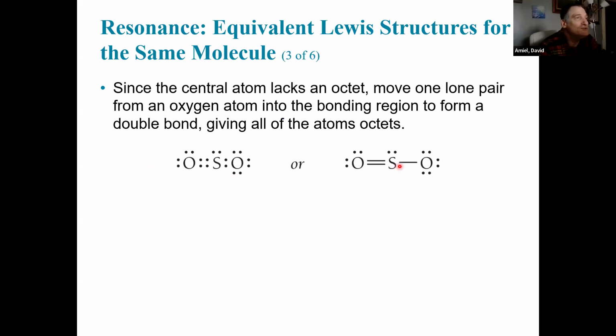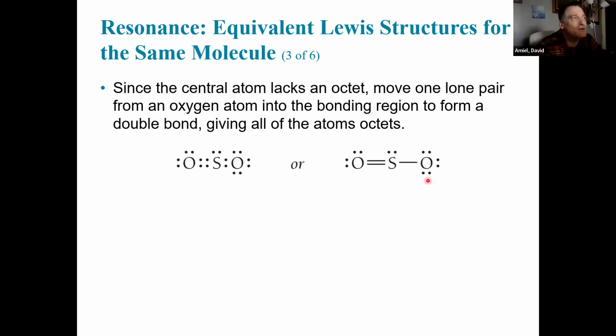So we need to give sulfur a double bond. So here we're seeing one possible structure for SO2, 2, 4, 6, 8, 10, 12, 14, 16, 18. We've used all the valence electrons. Each atom has an octet.